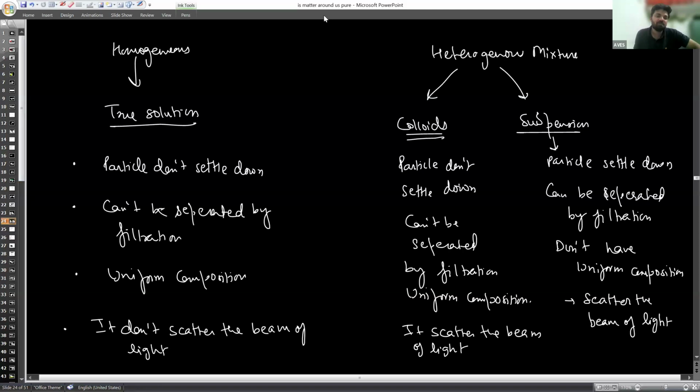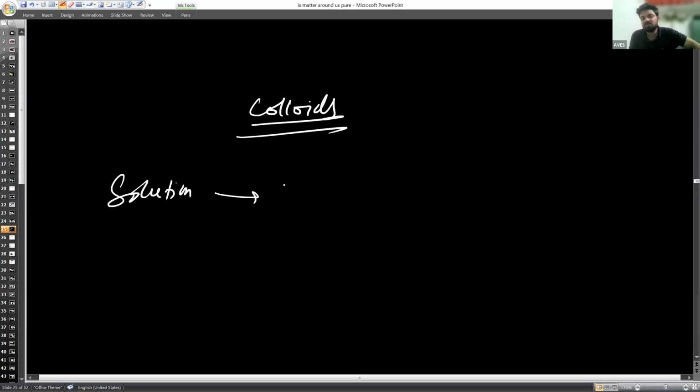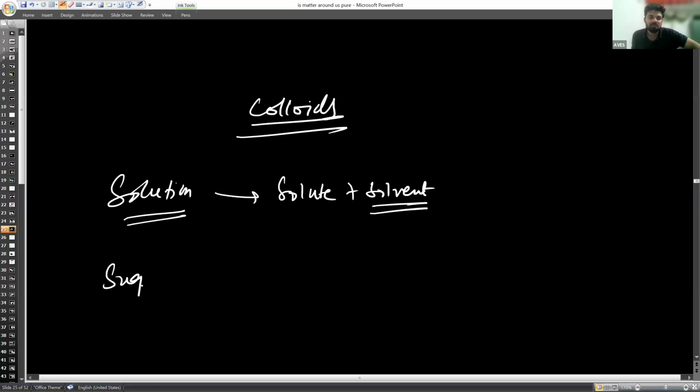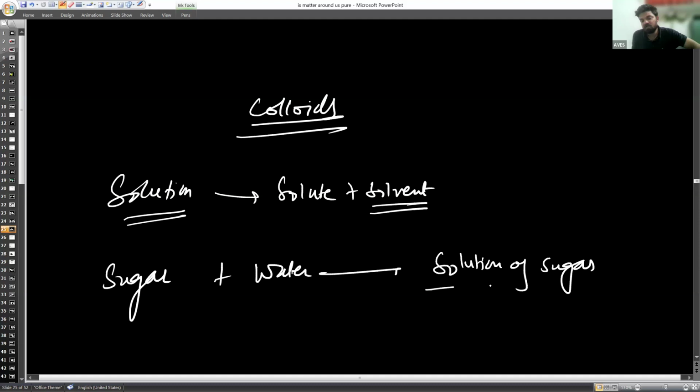Next, I'm talking about the colloidal solution. Just concentrate. When a solution is going to form, there must be a solute plus a solvent. The state of the solvent is the same as that of the solution. For example, if you have sugar and water, you mix them together to get a sugar solution.